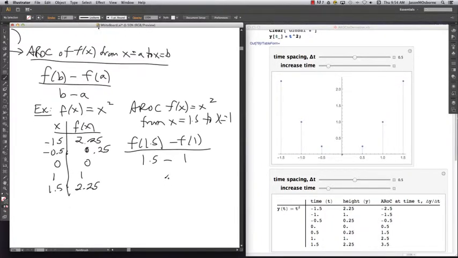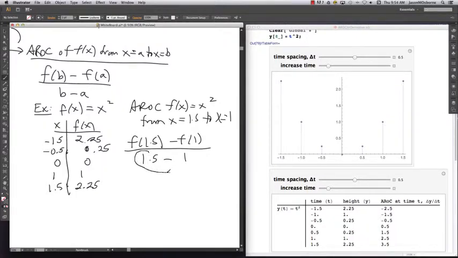A little bit on terminology: in the sections we're going to look at, this is what we were calling our delta x value. Delta x is how the values of x are spaced out. You will often see the book refer to that as the letter h. So h is the spacing of the x values.